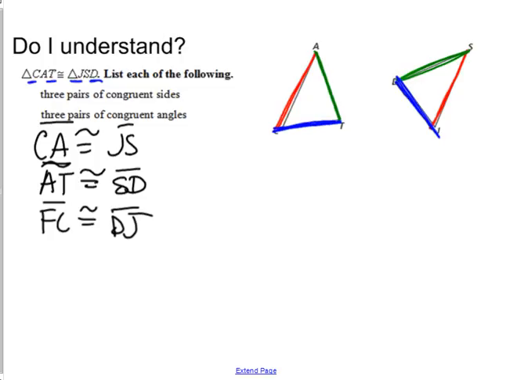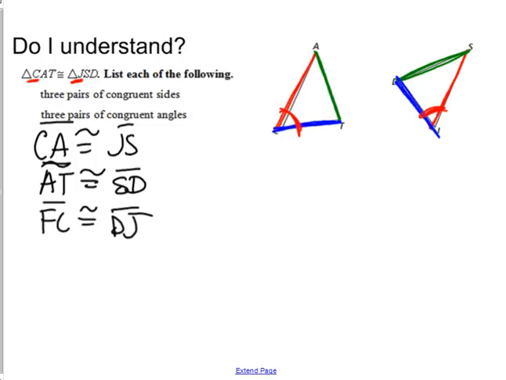So now we want to look at the angles. The first angle I'm going to look at is angle C is congruent to angle J. Right here.